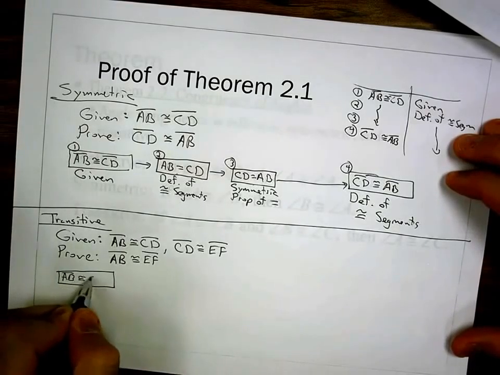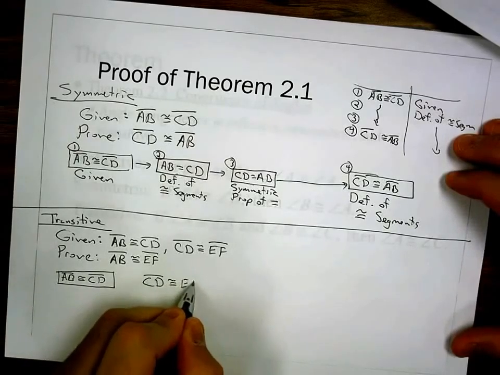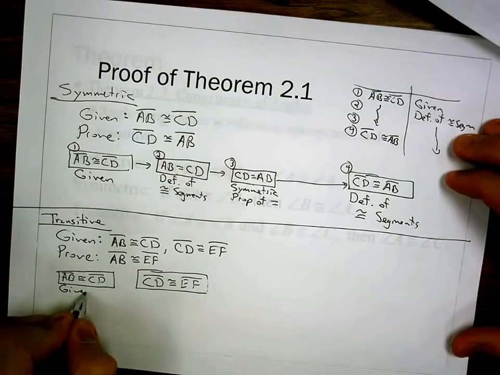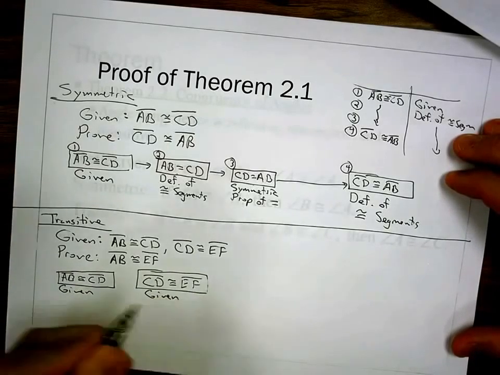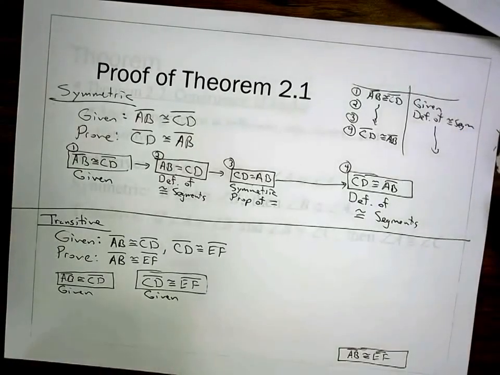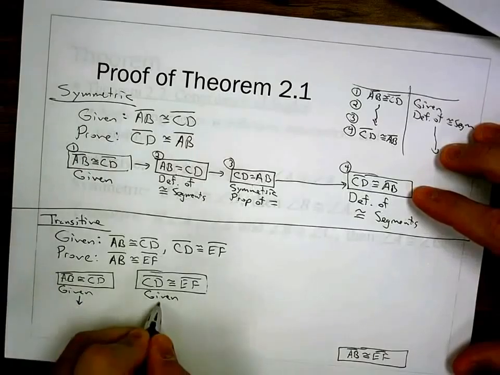AB is congruent to CD. CD is congruent to EF. Both given. We want to get to AB congruent to EF. So our common theme so far is change it to equality using that definition, do the property, change it back to congruence. We're going to do the same thing here.